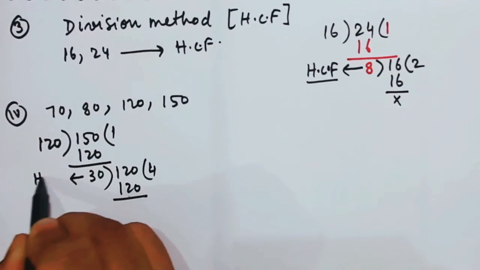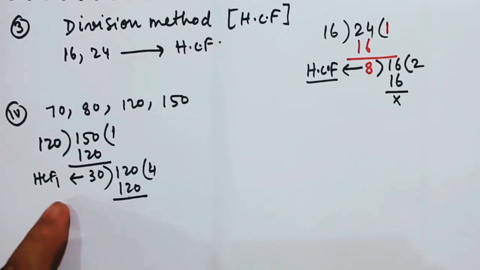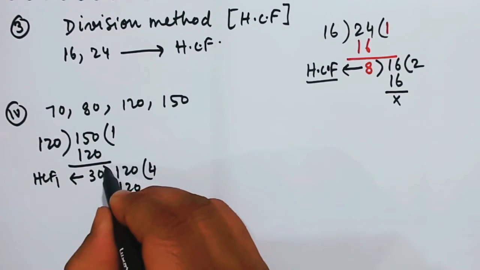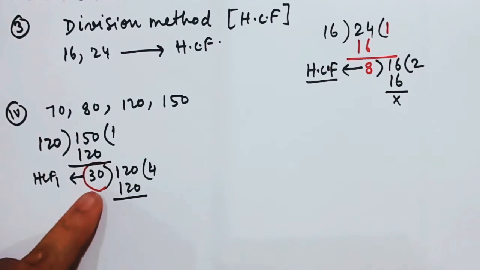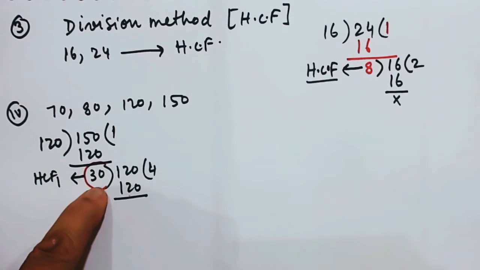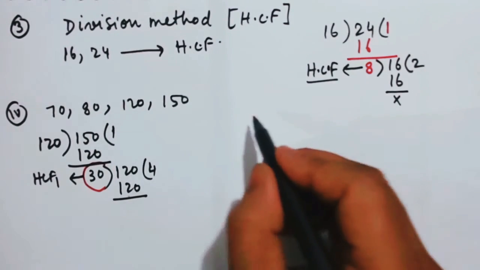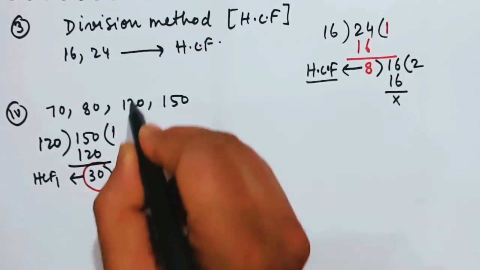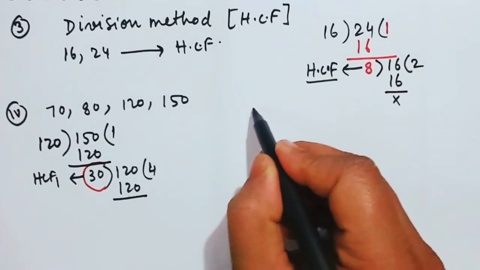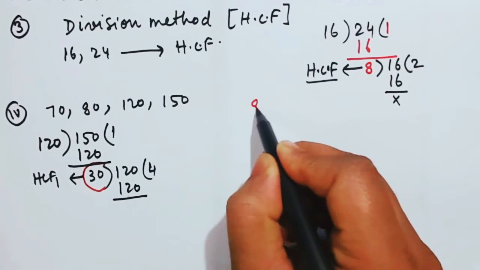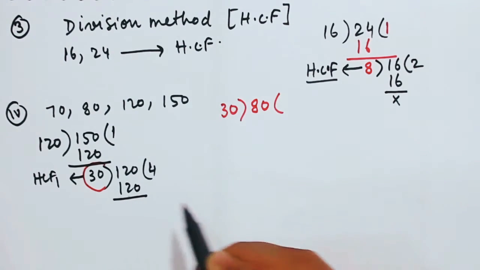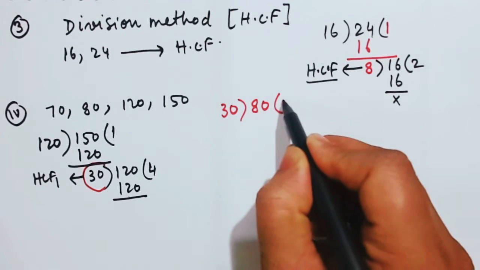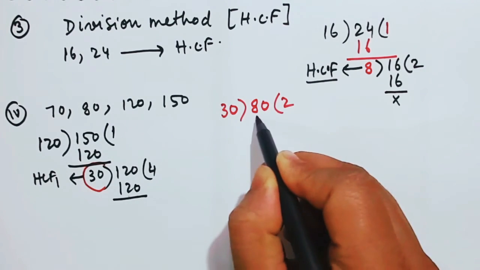This is HCF1, the first HCF. Now using this number 30 and 80, let me find out the HCF of 30 and 80. 30 goes 2 times in 80, that is 60.